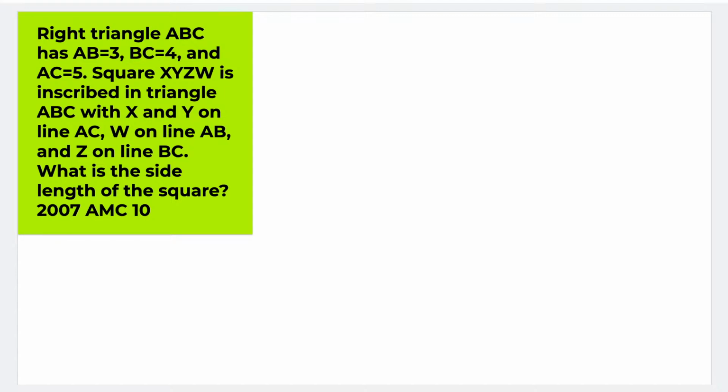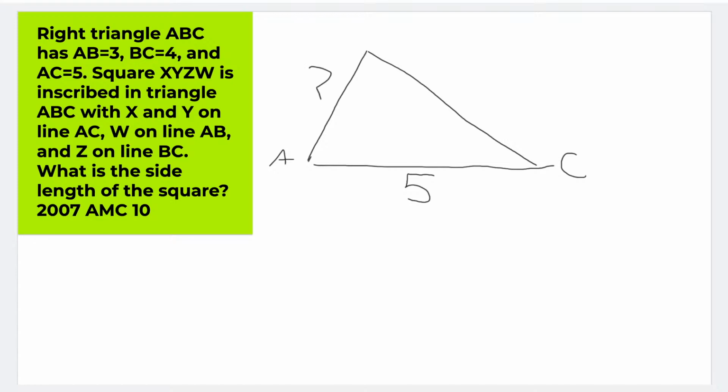Whenever you see a geometry problem, you should try to draw it out first. So we see a right triangle ABC, and you should know your Pythagorean triples. 3, 4, 5 is one, and AC is 5, AB is 3, and BC is 4, and we know this is a right triangle. The square XYZW is inscribed in triangle ABC with X and Y on line AC.